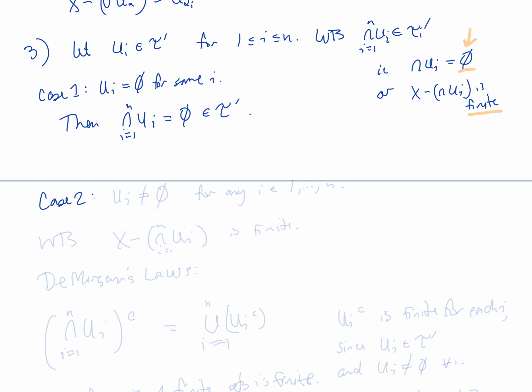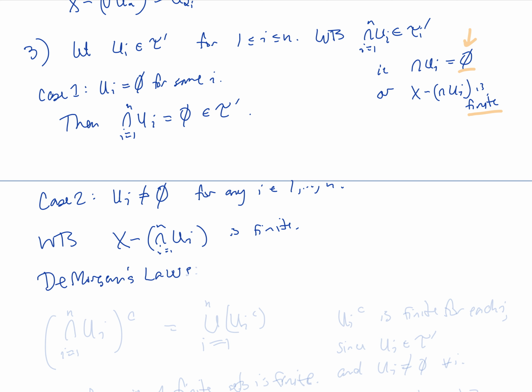Case 2: U_i is not equal to the empty set for any i in 1 to n. So in that case, we want to show that X minus the intersection of the U_i's from i equals 1 to n is finite. We're again going to employ De Morgan's laws.